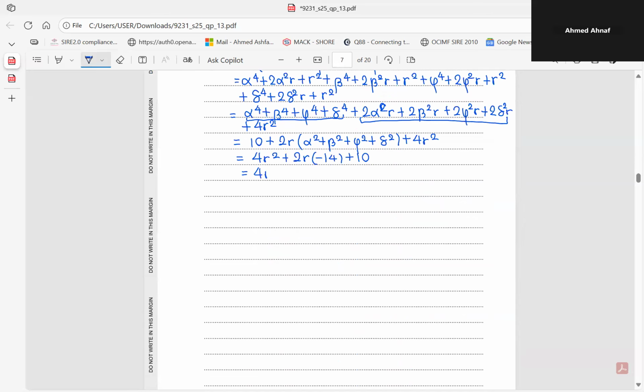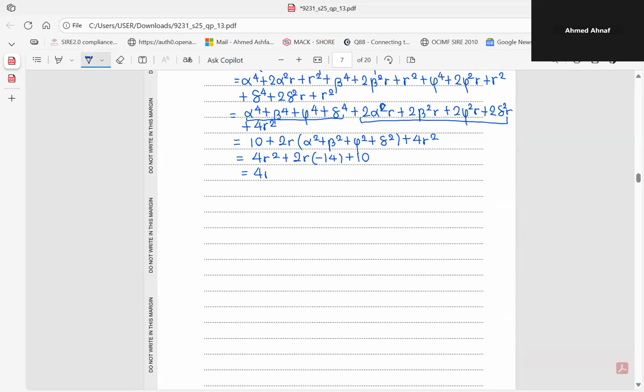So 1/6 times n, which is 10, times n plus 1, which is 10 plus 1, times 2n plus 1, which is 2 times 10, 20, plus 1, which is 21. Let me check. All right, that's the correct formula. And then for the summation of r, this is just half n times n plus 1. So this is half times 10 times 10 plus 1, which is 11, plus 100.